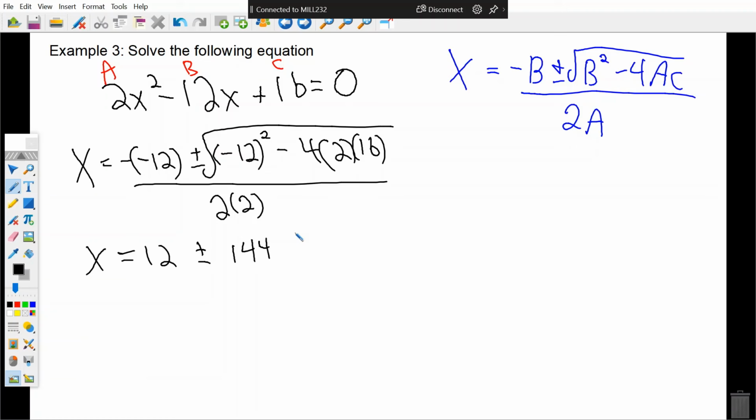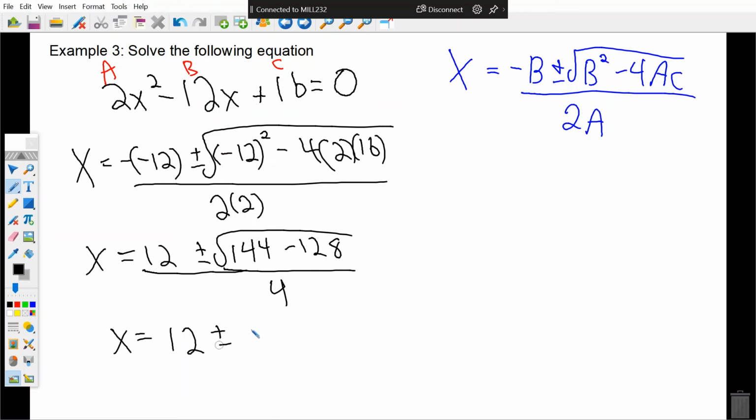Four times 2 times 16, 128, over 4. 144 minus 128 is 16. Plus or minus 16 over 4. Square root of 16 is, of course, 4.